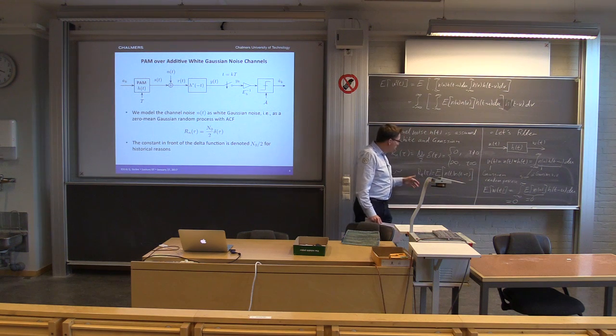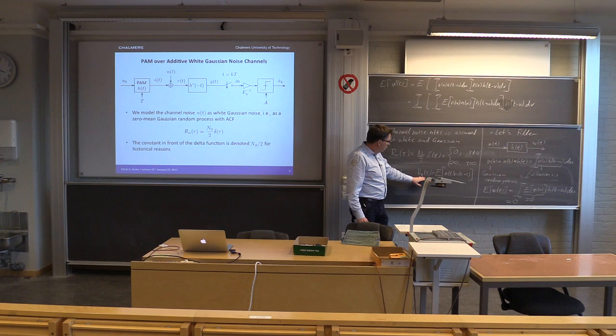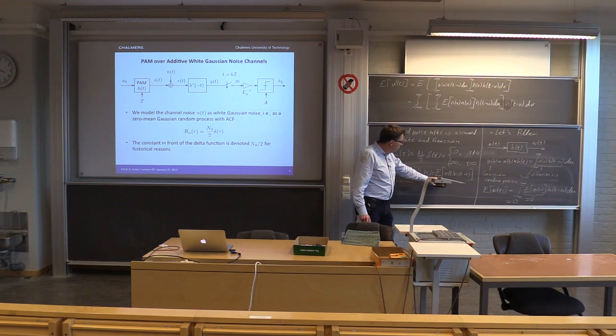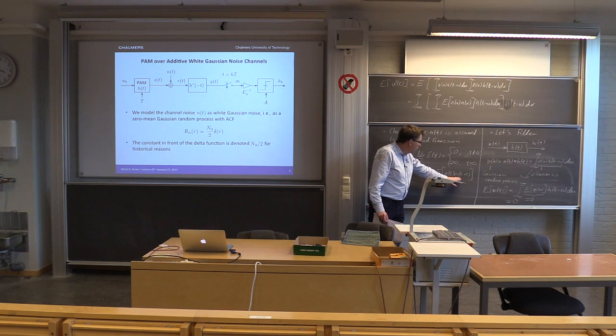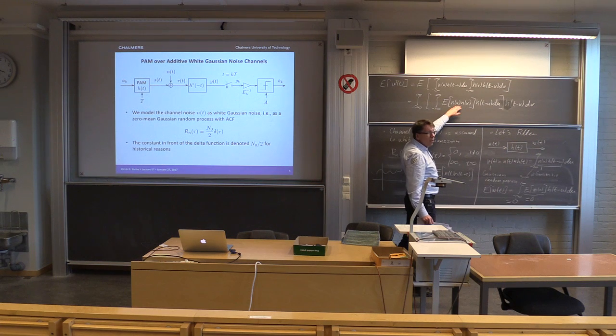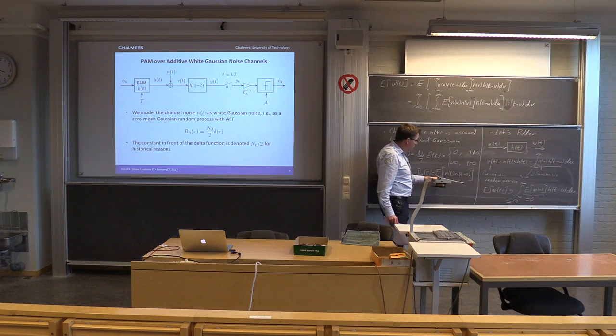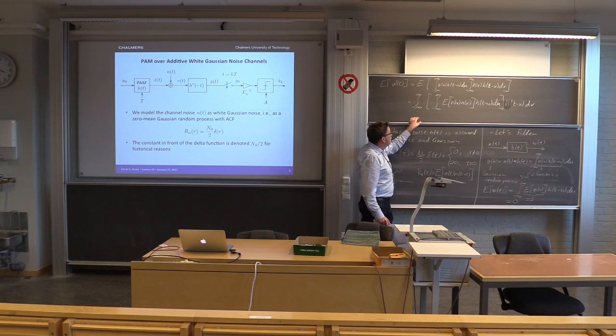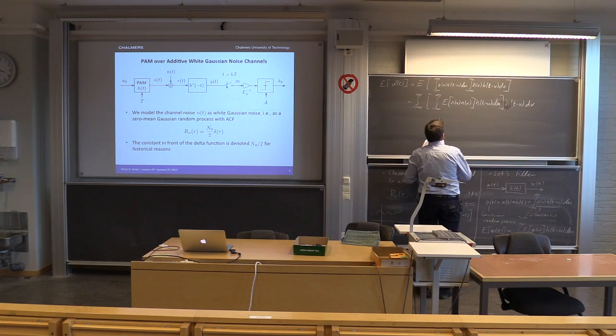So we see that the autocorrelation function is the expected value of the process at some time times the process at some later time. So from this, we can easily rewrite this in terms of that.